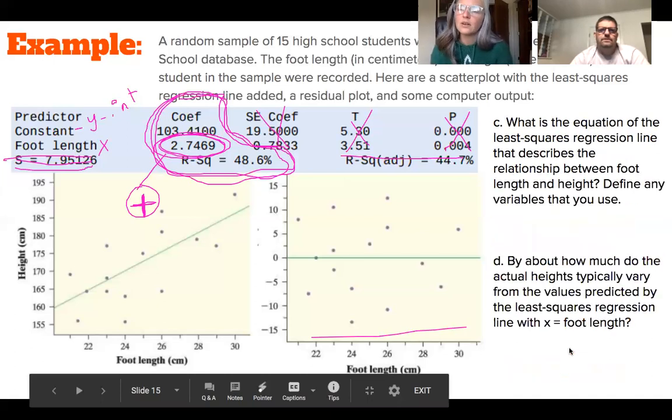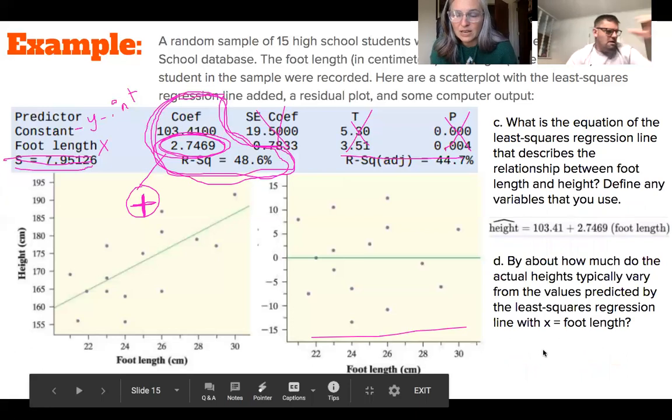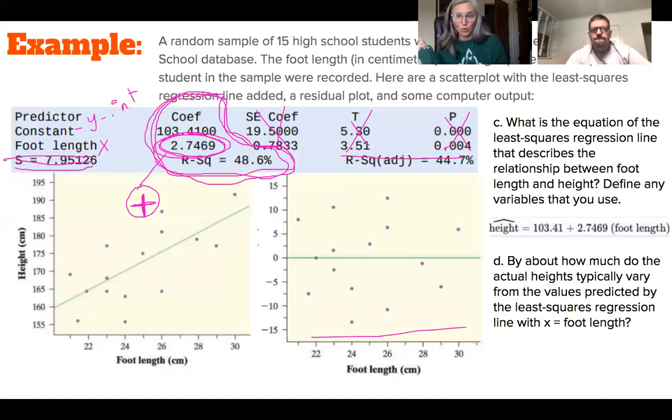Now it wants us to write that equation and define any variables. Remember, I'm a kind of lazy person. To keep from having to define variables, I just use words. So do not forget the hat on what is on the vertical axis. A statistician would say the predicted height is equal to 103.41 plus 2.7469 times foot length.